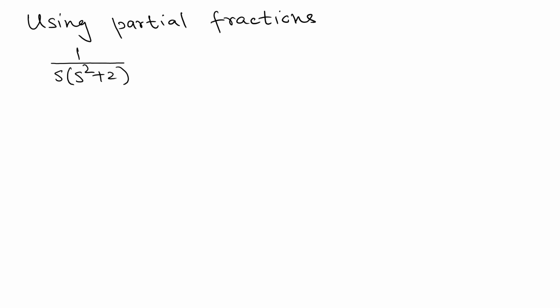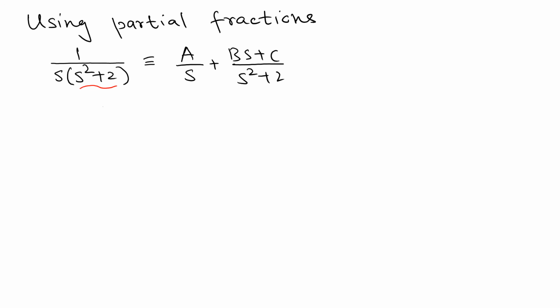For the second term we can write this as identical to A over s plus, and we know that this is a quadratic term, so you have the two terms (Bs plus C) over s squared plus 2. Now we use a hybrid technique to find them as we have done earlier.